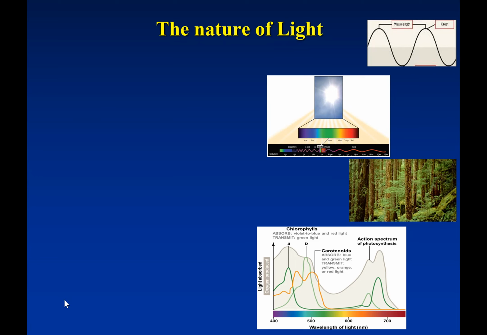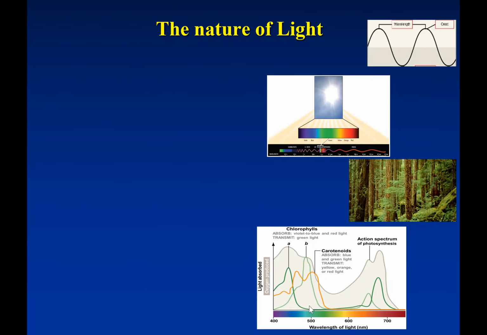Most of the absorption for photosynthesis happens in the UV range, blue and red range. All the green color range is not absorbed.